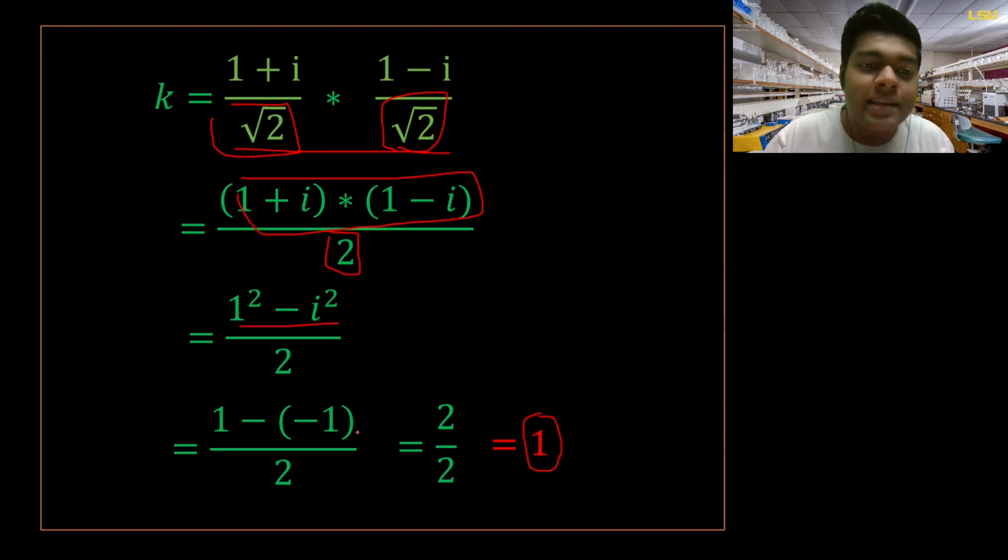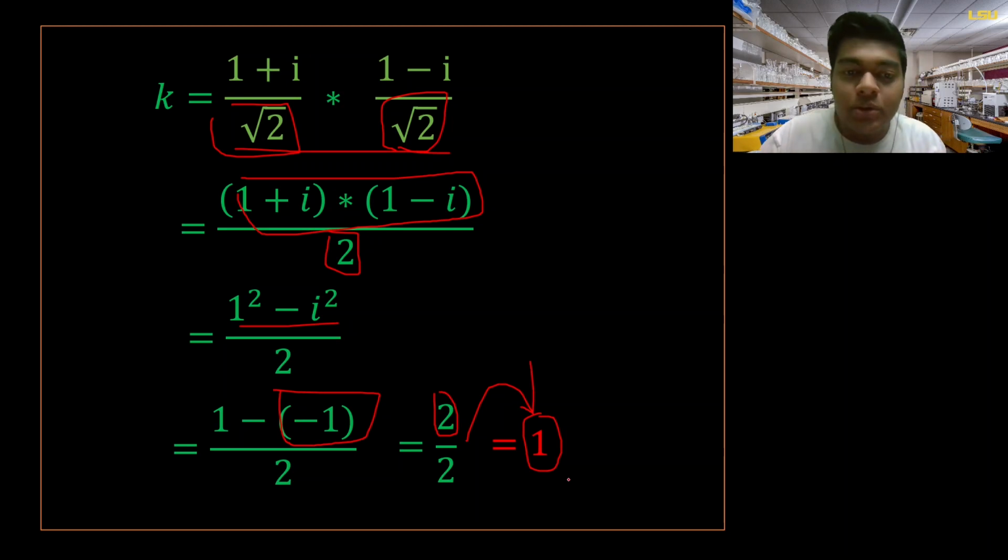But recall that i square is nothing but minus 1, so we substitute it here. So 1 minus minus 1 becomes 1 plus 1, which is nothing but 2, and 2 by 2 is nothing but 1.